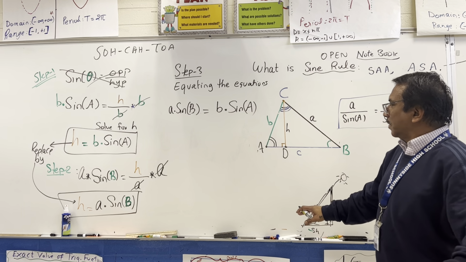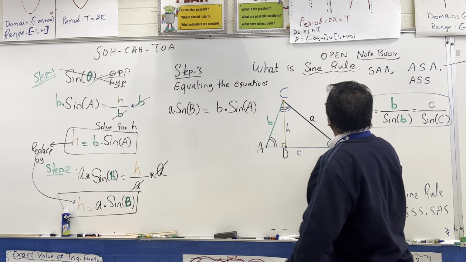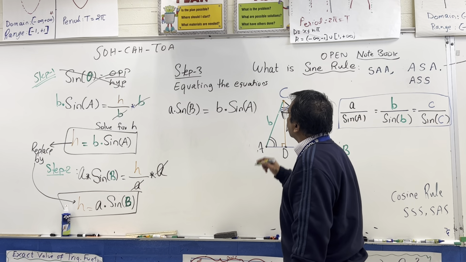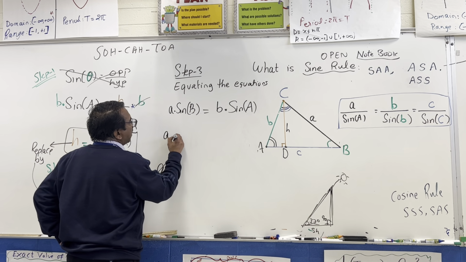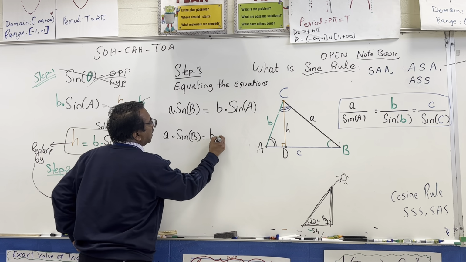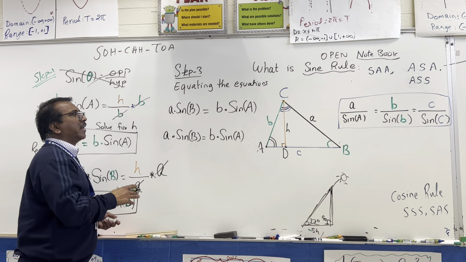And finally, now what we do is, we will try to get something like this. So this part, the sine A which you write here, let's write one step: A times sine B equals B times sine A. And I don't want the sine A to be up there.